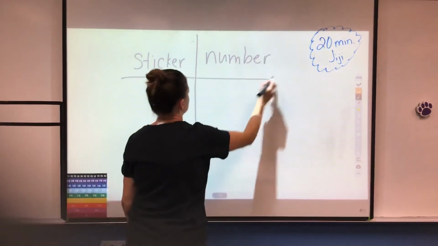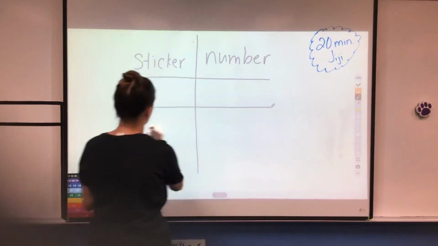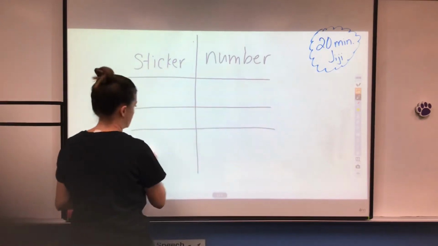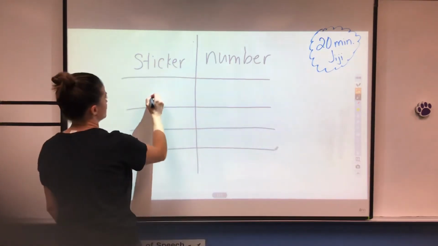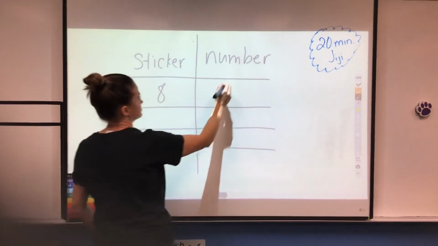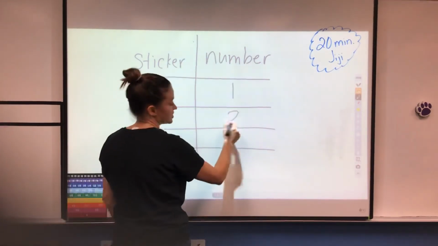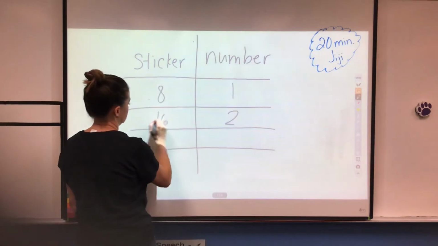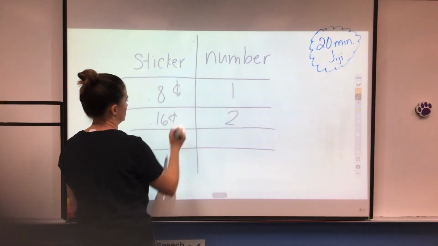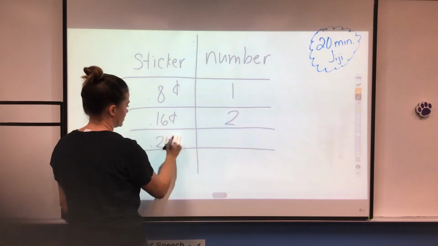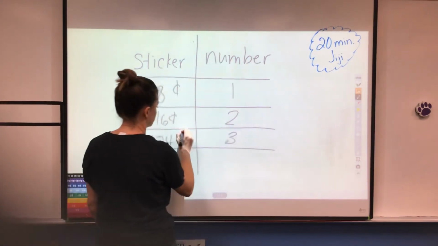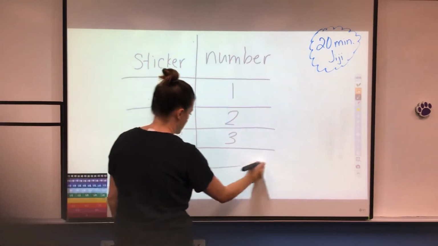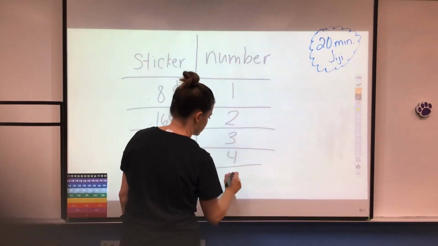So do you guys remember this little chart? It kind of went like this, and then we increased. So it says 1 sticker is 8 cents. 2 stickers, it tells you, was the 16. Told you 3 was 24 cents. And then you had to figure out 4 and 5.